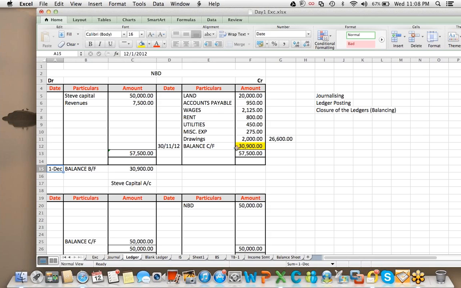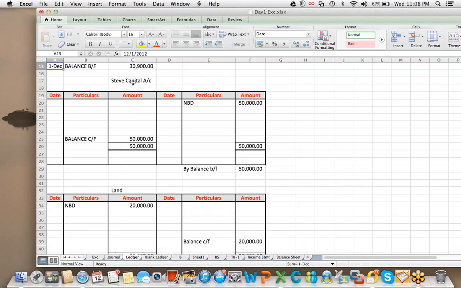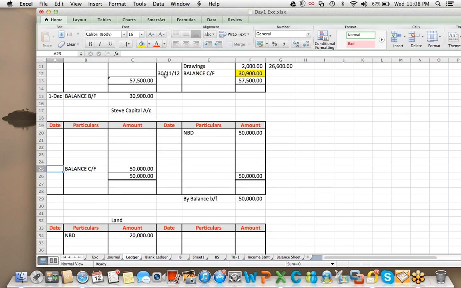This will become the opening balance on December 1st. The same way I closed the accounts: 50,000. I took the total 50,000 here, 50,000 here. Nothing is there to deduct here. Therefore, I took it as balance carried forward on November 30th. And on December 1st, it is the opening balance on the opposite side.